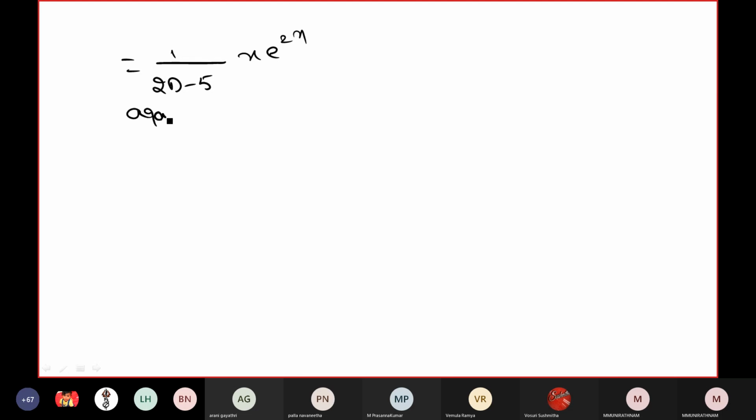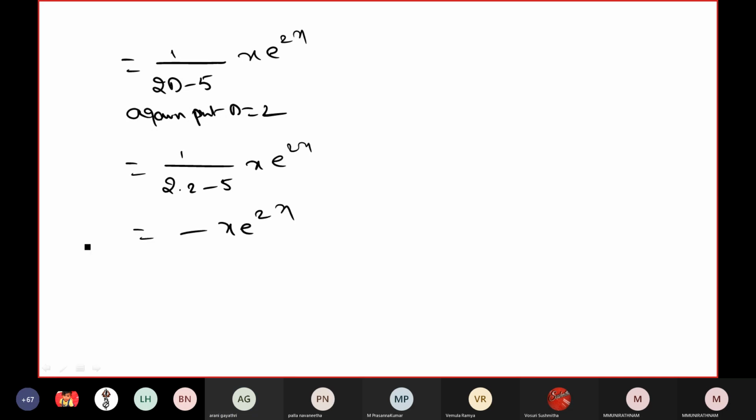So again put D equal to 2. D equal to replace చేయండి. x e power 2x over 2 into 2 minus 5, which is minus x e power 2x. Okay na? Is it clear?